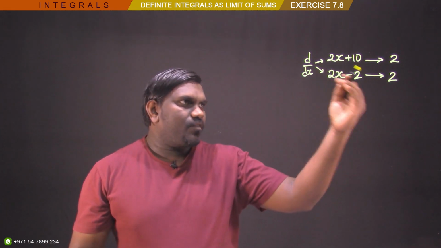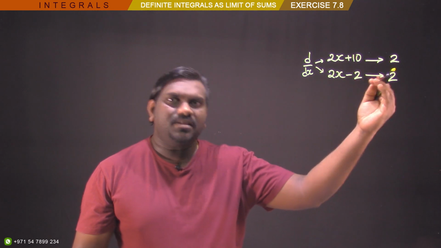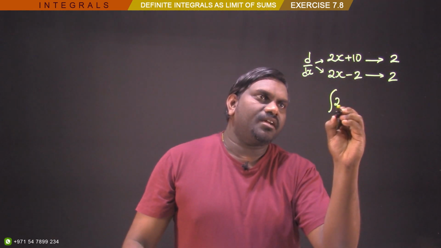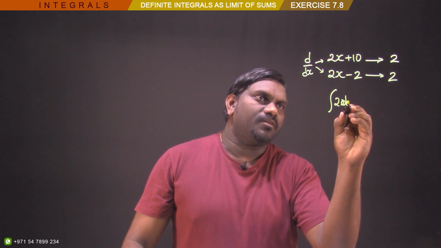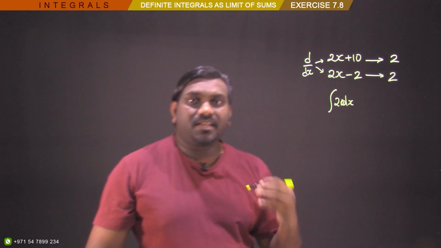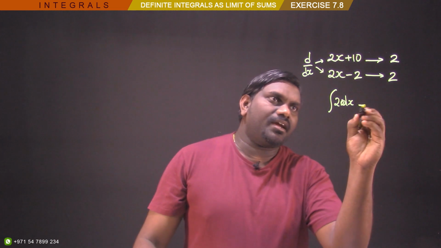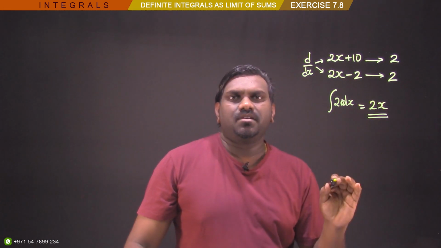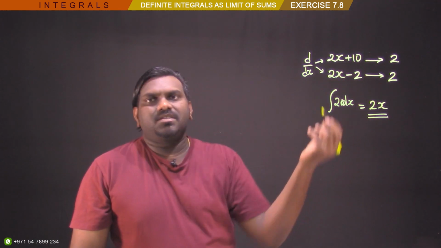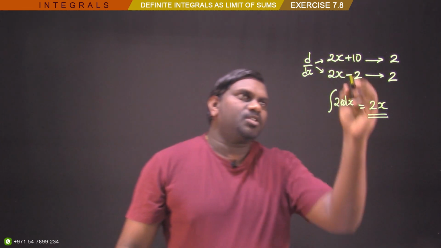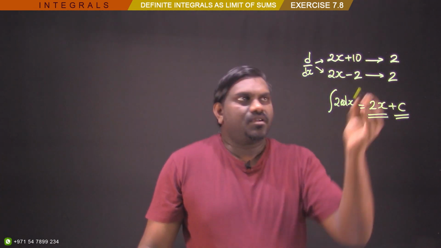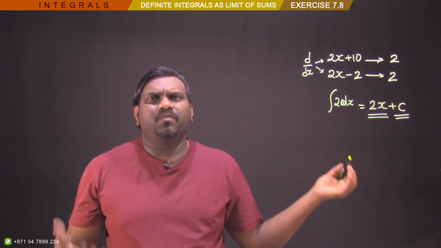Differentiation, right? So whatever differentiation did, if I take that and integrate, I should get it back. But if I integrate 2 dx here, am I going to get any one of these, dear? No, I'm going to get just 2x. So which one is true, dear? No. That is the reason you put a constant c there, whatever it may be, 10 or 2 or minus 2, whatever it may be.